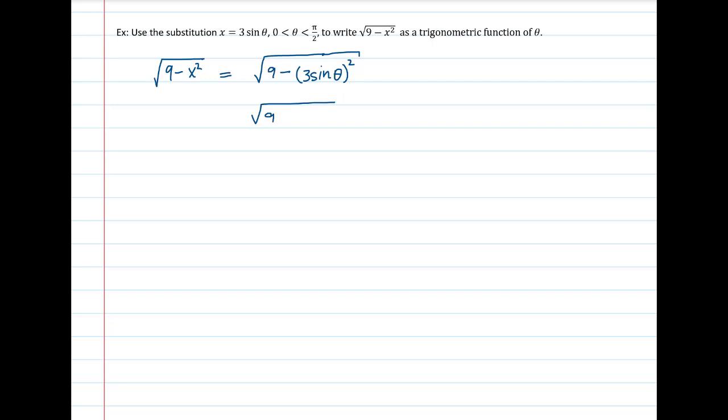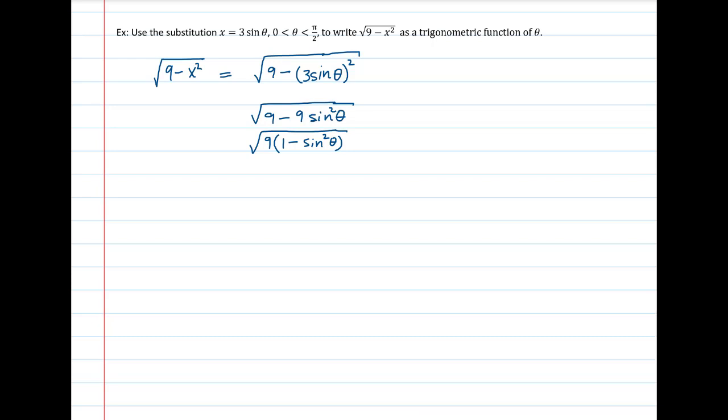So we have the square root of 9 minus 3 sine theta squared, which is equal to 9 minus 9 sine squared of theta. And notice how the radicand, the two terms there, have 9 in common, so we factor that 9 out, leaving us with a square root of 9 times 1 minus sine squared theta.